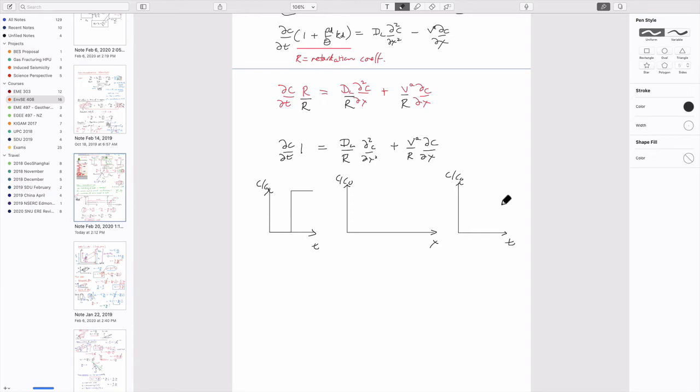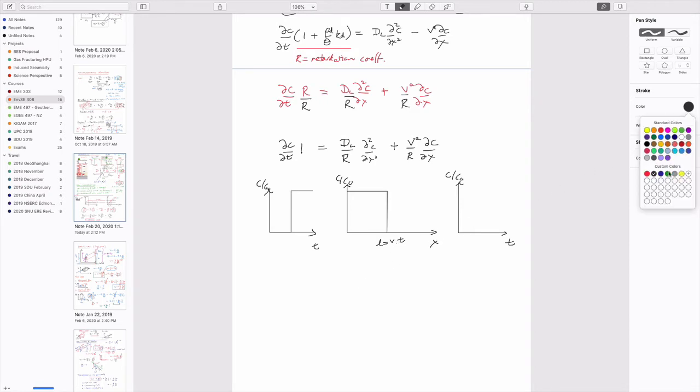And so what do we think that will look like? We said before that this might look like this, where length is equal to velocity times time, the advective velocity.